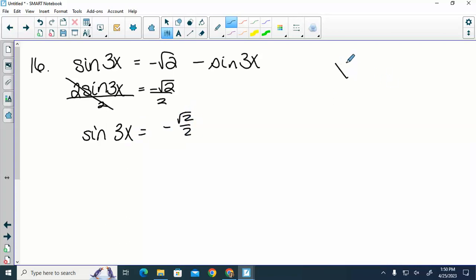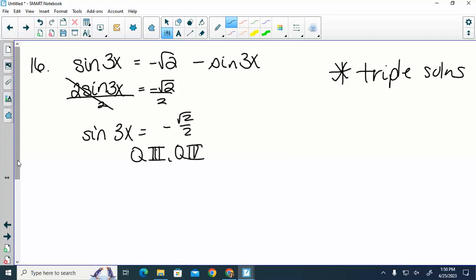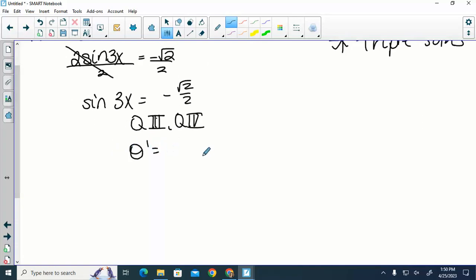So first of all, the 3 tells me what? Okay, quadrants. When is sine negative? Reference angle. When is sine radical 2 over 2? And in radians, that is? So, my angle, 3x, can equal pi over 4. In quadrant 3 is 5 pi over 4. In quadrant 4, 7 pi over 4.